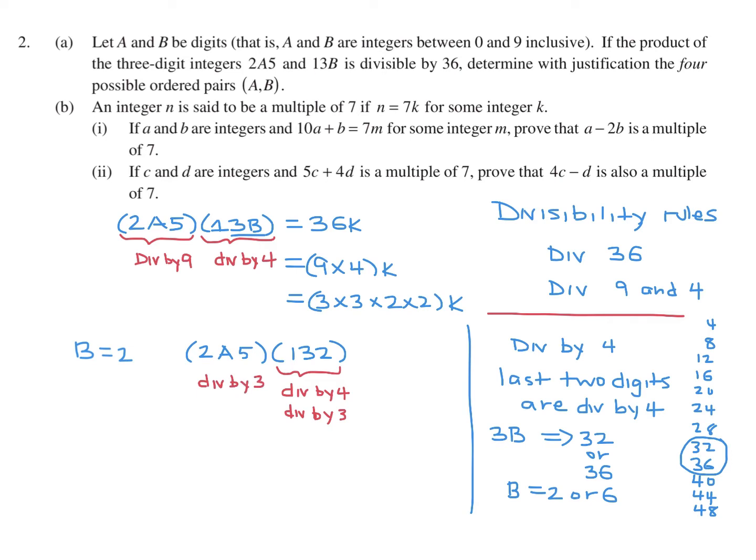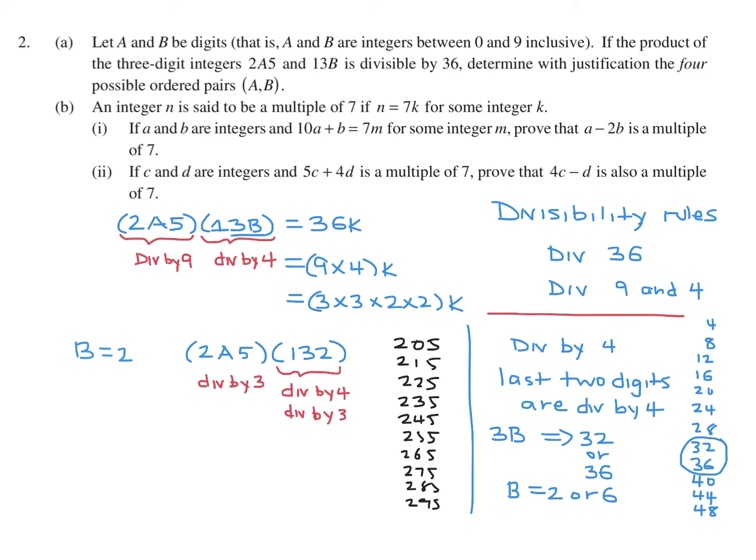So we will write out all the numbers in the form 2a5. We've got 205, 215, 225, 235, and so on: 245, 255, 265, 275, 285, and 295.